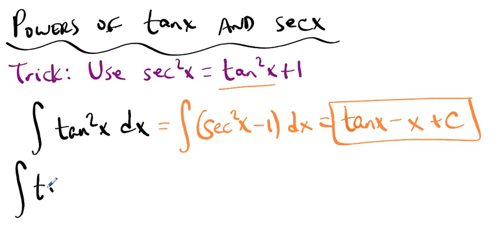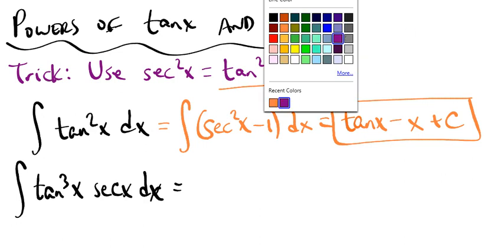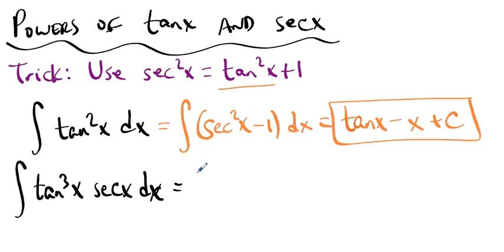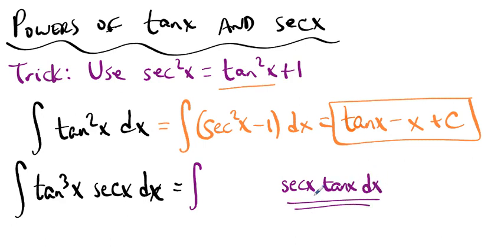Also, sometimes it's secant squared that we can integrate. Oh, purple. Other times, we think to ourselves, it'd be really nice if there was like a secant x tan x just sort of hanging out at the end. And that would be great because this is the derivative of secant x.